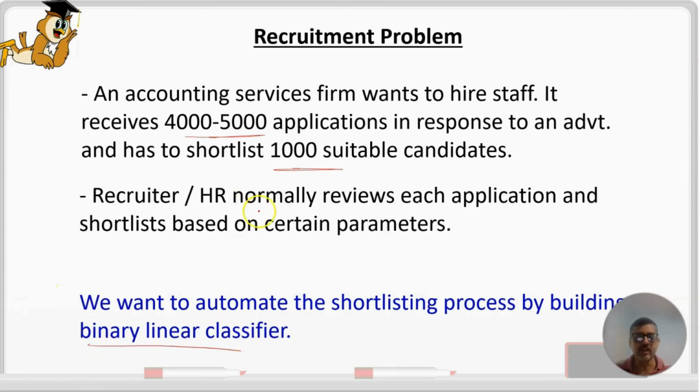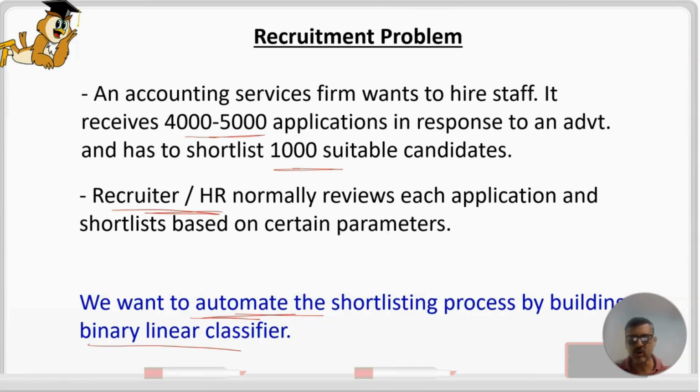Okay, so there are inputs, right? There are two classes, whether a candidate is shortlisted or not shortlisted. So it's a binary classification problem, and what we want to do is basically automate the shortlisting process. We want to automate what is today being done by the recruiters or the HR folks. Okay, so that is the problem that we are going to address.